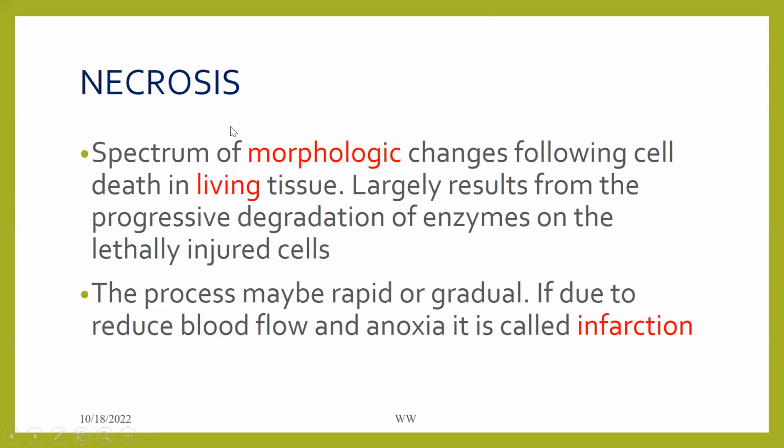Here, we are talking of necrosis in the living person. But the processes are similar. The same enzymes do that work, but here it gets limited because the surrounding tissue is living and it contains that process of autolysis. Whereas in the dead body, it continues and can digest the whole body.